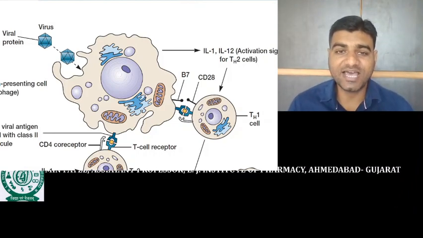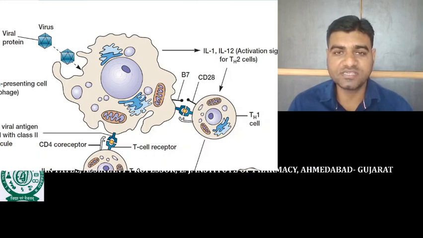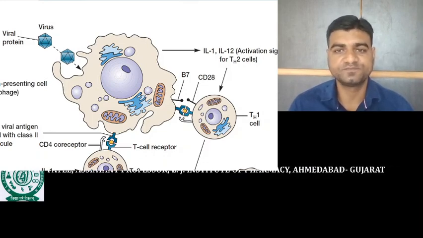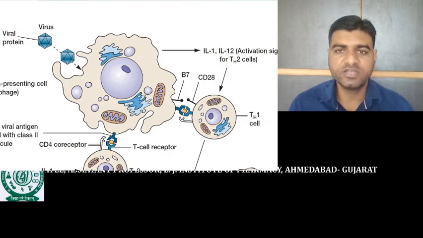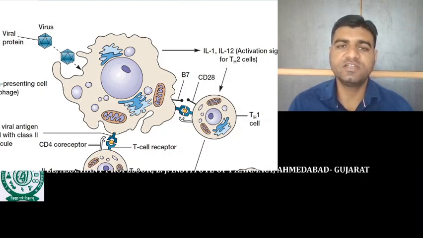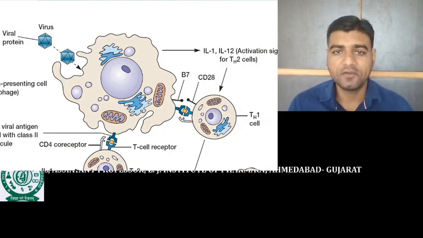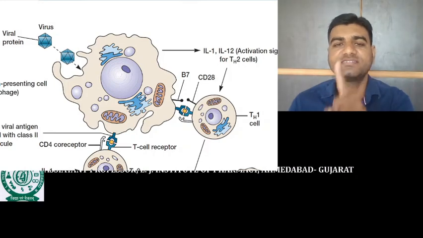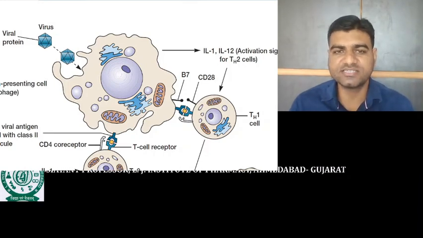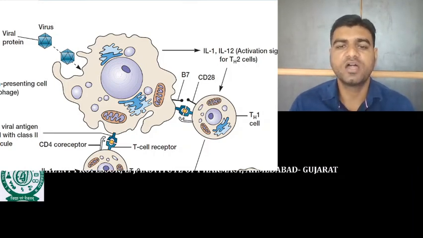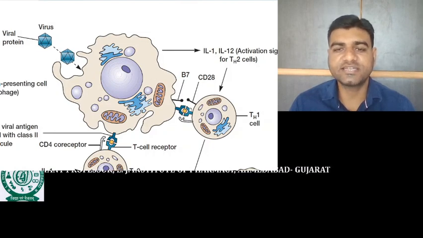When MHC class 2 is present on the APC cell, the Th1 will detect that antigen, will detect that virus peptide, by the T cell receptor. This one is nothing but the T cell receptor. The T cell receptor connects to the MHC class 2.